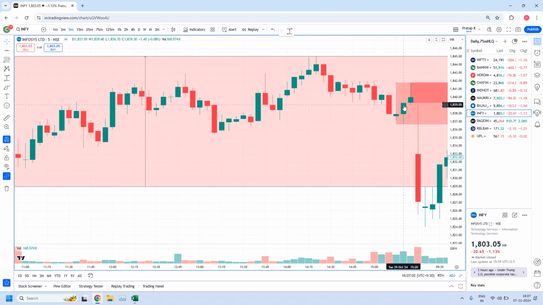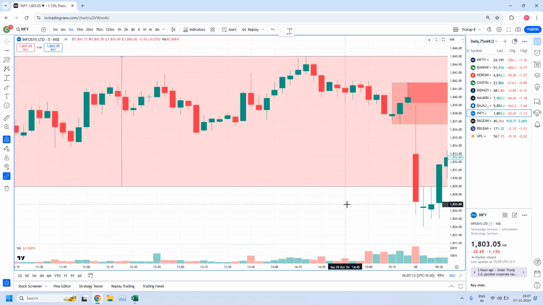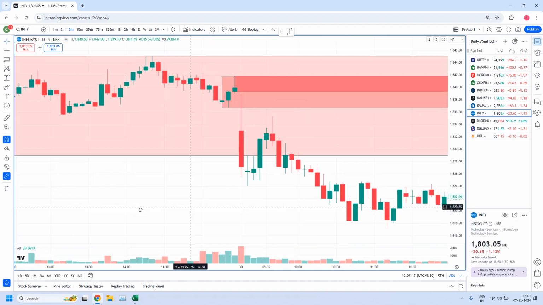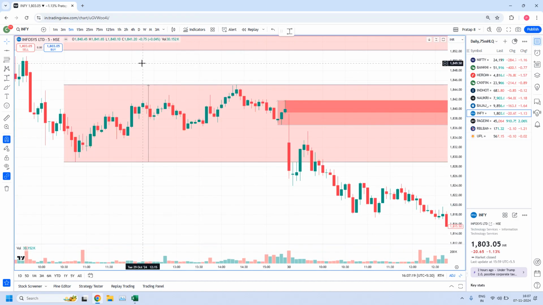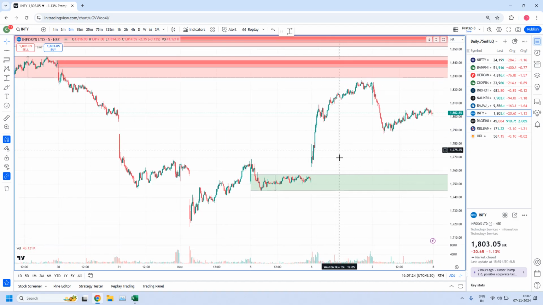So this is an ERC rally candle. You have a base candle, and then you have a drop candle. So this is the way we identified the order flow here. But today we didn't get any trade opportunity for Infosys in this area.